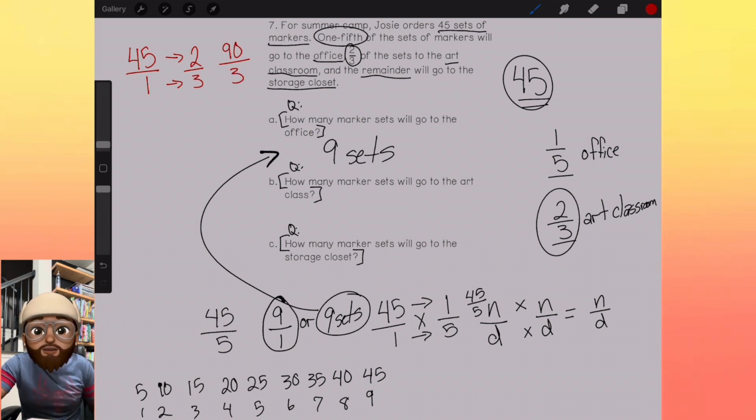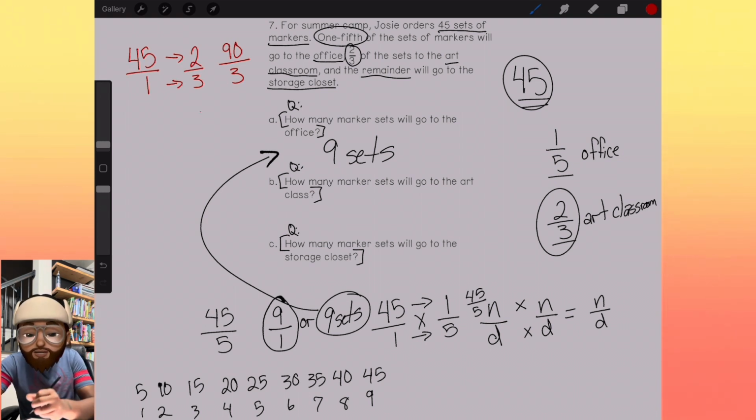Now that we have 90 over 3, we need to reduce this fraction, and if it can reduce to a whole number, then that'd be perfect. Let's see. So 90 over 3, we can see this as 90 divided by 3. So I'm going to take this 90, divide by 3. 3 can go into 9 3 times. 3 times 3 equals 9. Cancels out, bring the 0 down. 3 can go into 0 0 times.